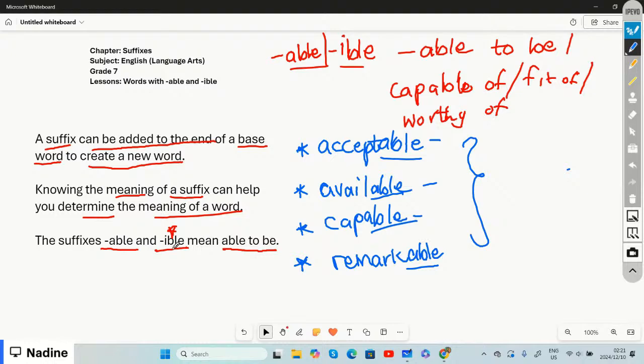So these words able, capable, acceptable, available, remarkable, it means that you are capable of doing something, able to be, worthy of it, or fit of something.